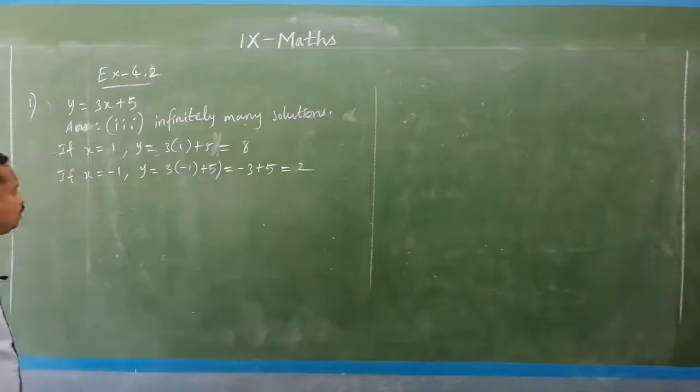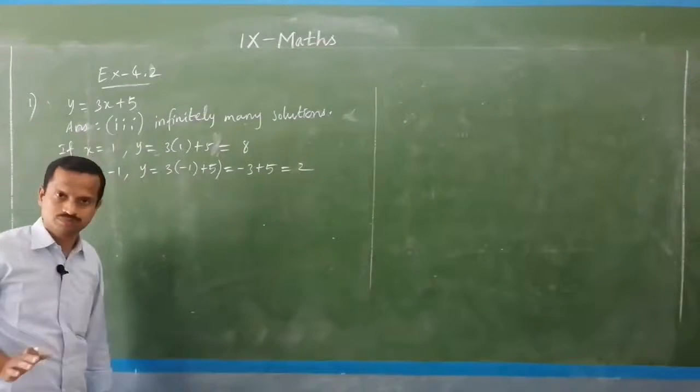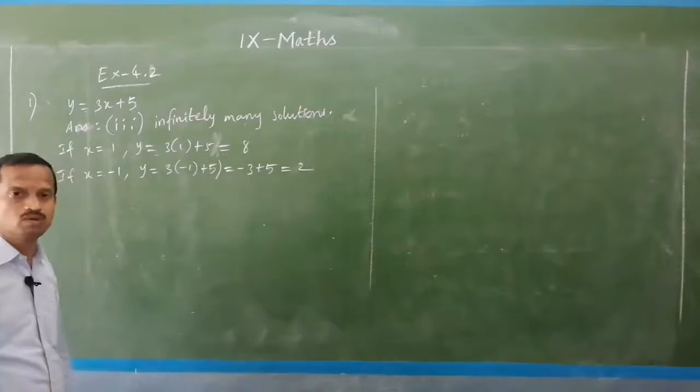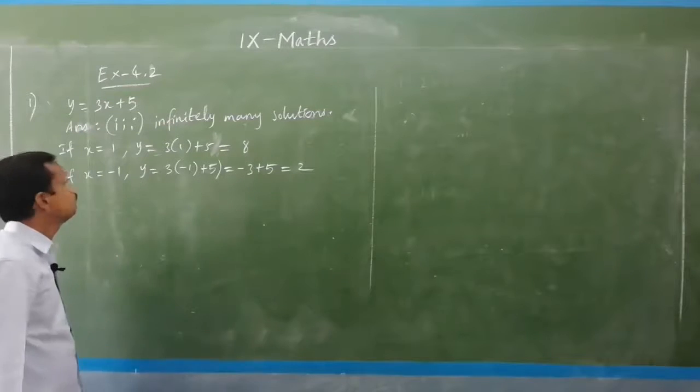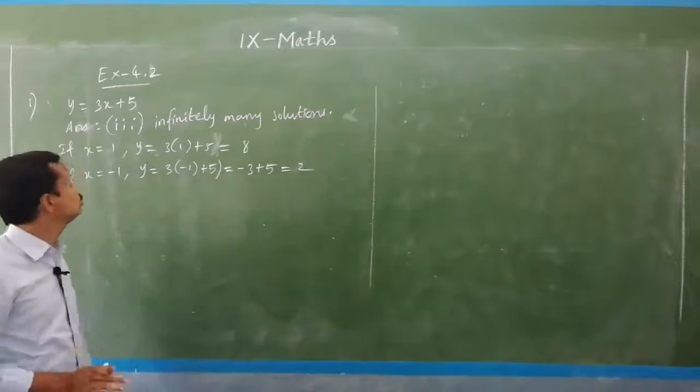Like that, when x varies, y also varies. For different values of x, you get different values of y. So, it is not unique. Easily you can say the equation has infinitely many solutions.